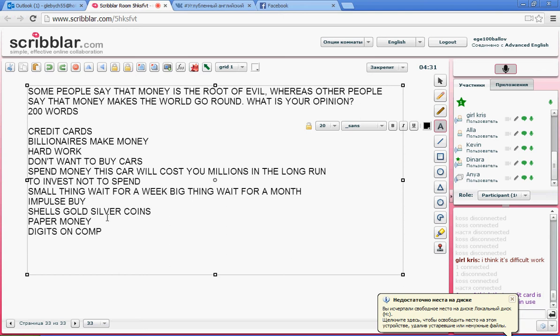That means that when something is cheap, you have to buy it, and to keep it when you have something which is very expensive. Another advice is, for example, to buy a small thing, wait a week. To buy a big thing, wait for a month. Do you agree with that?